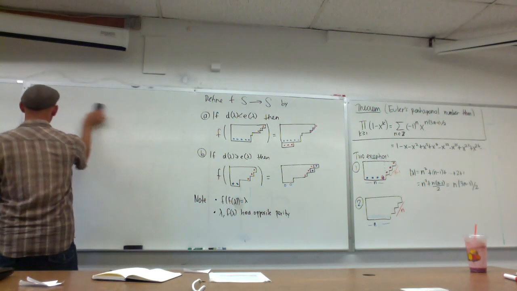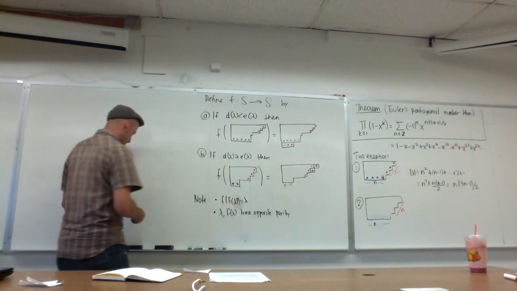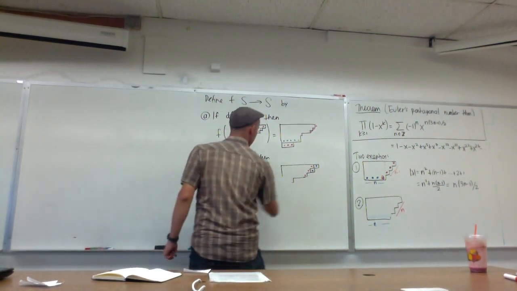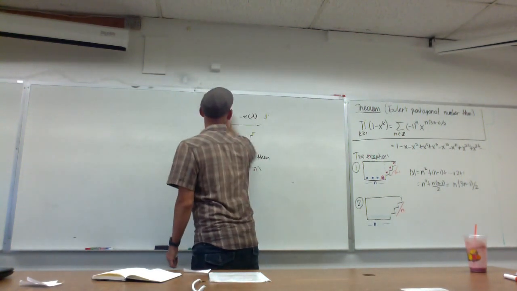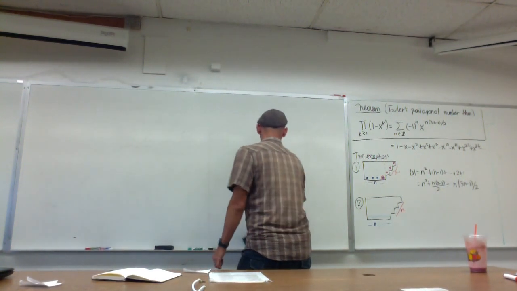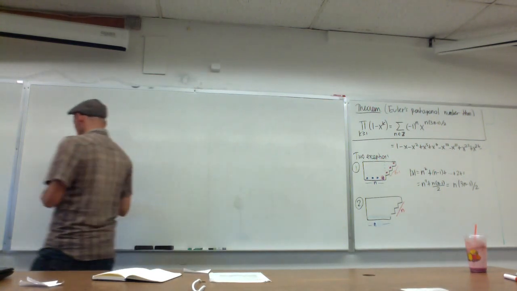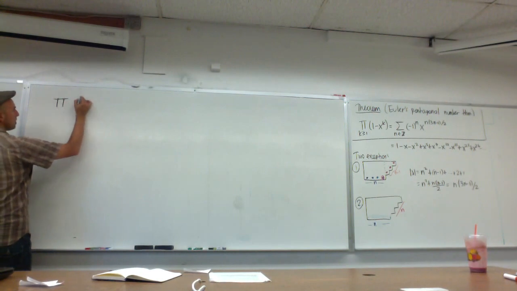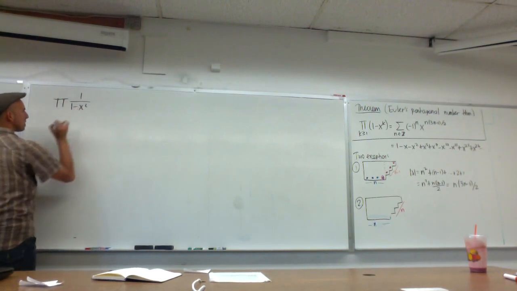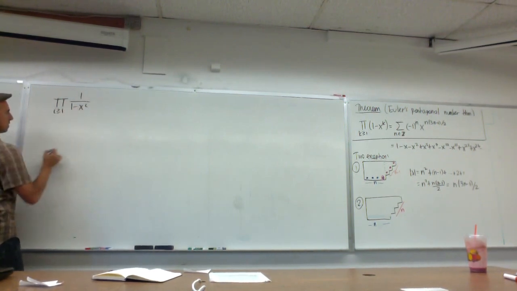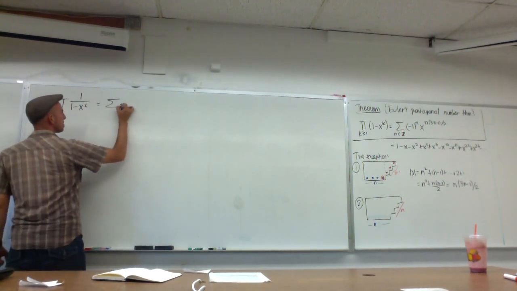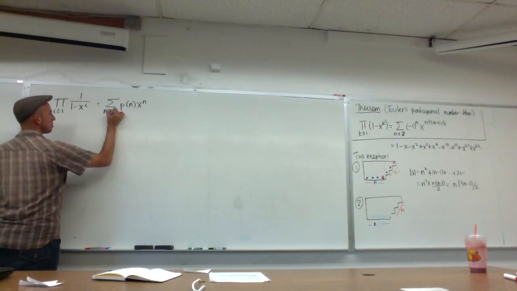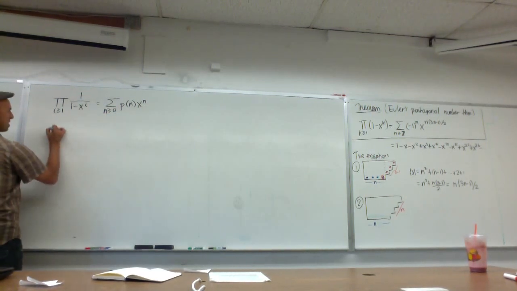Let me just tell you two things to conclude this discussion. So here's one. Notice that what is this? This is the sum over all partitions, right? And now what is this one?